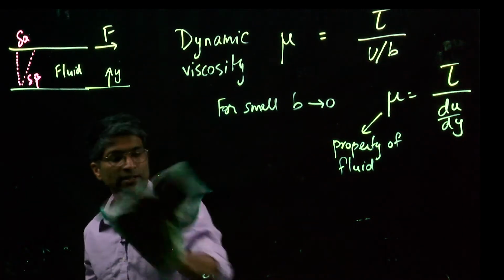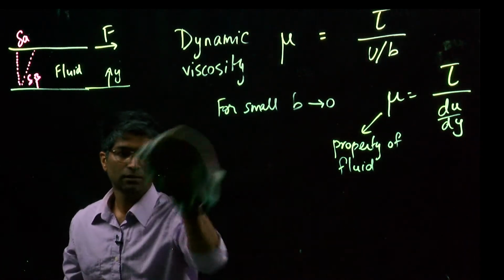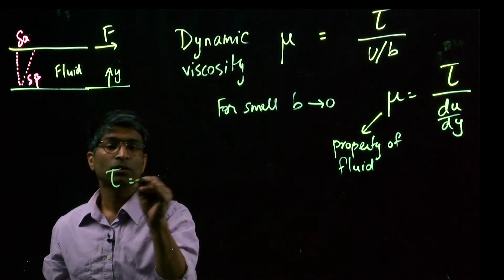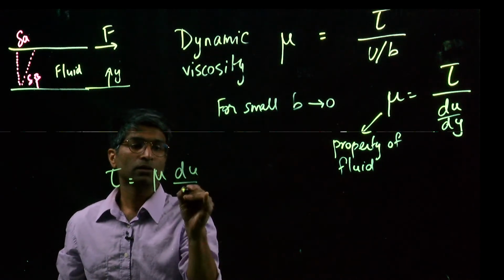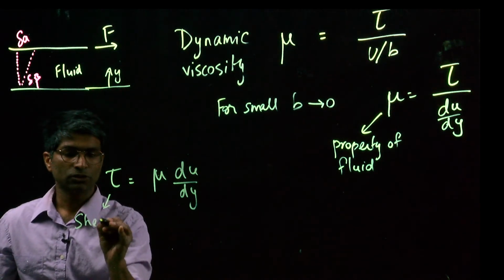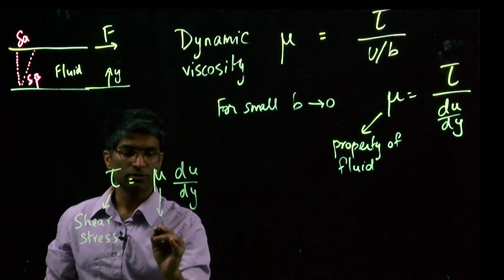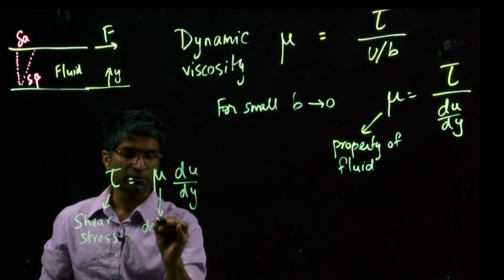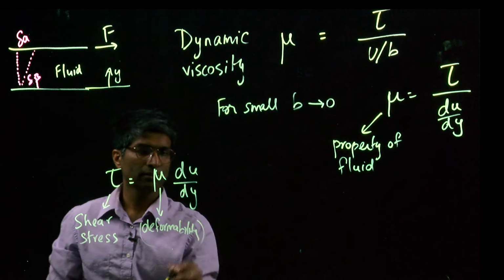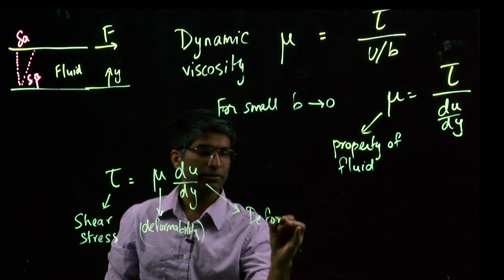So I could completely rewrite this expression and say tau equals mu du dy, where this is my shear stress, this is the fluid property which expresses the degree of deformability, and this is my deformation rate.